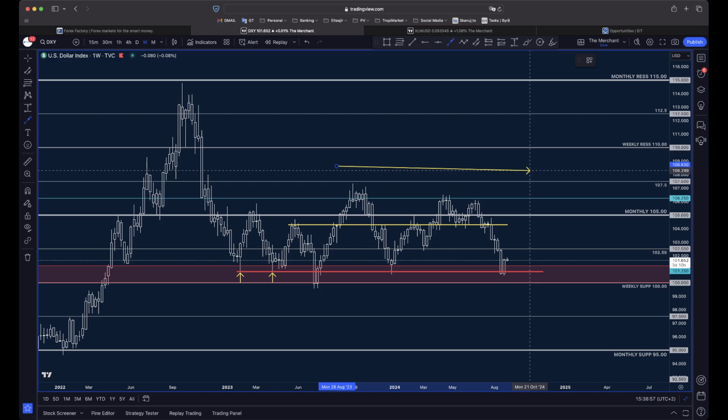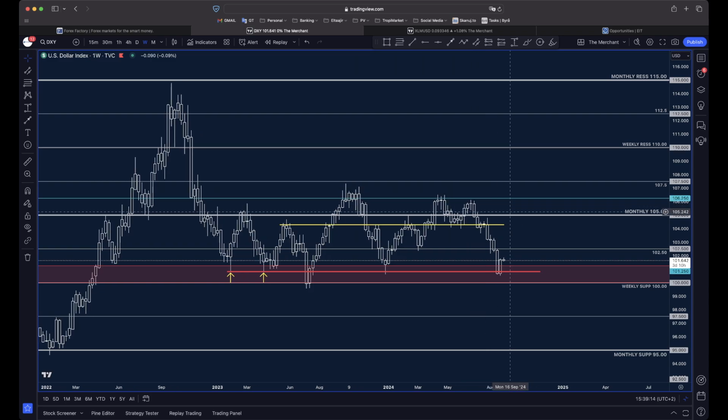You will see that most of the time, I would say 90% or more, price acts on these levels as resistance and support. It depends where the price is: if price breaks this level as resistance, then it will come to retest it as support, and vice versa.